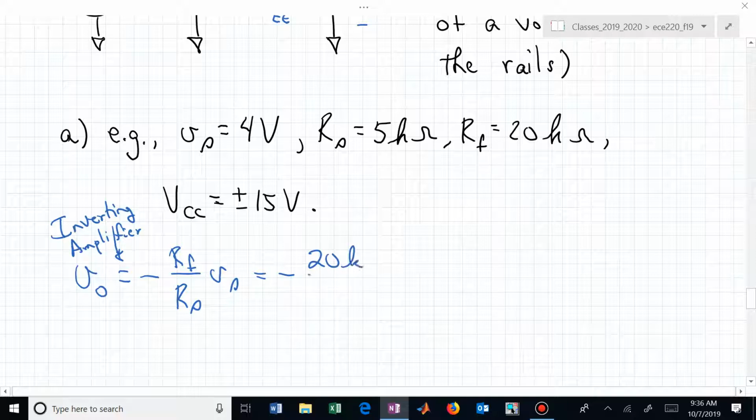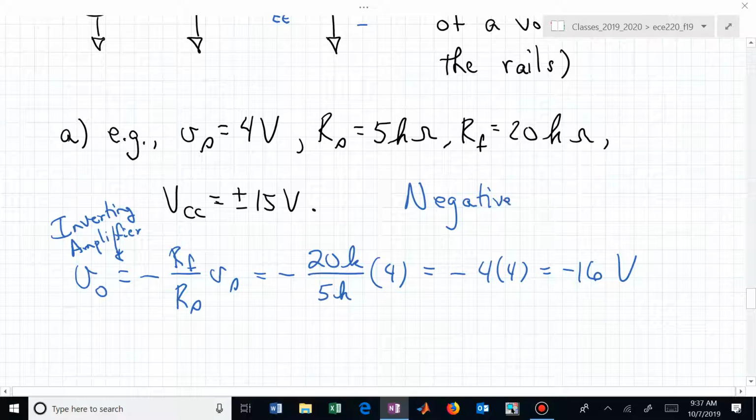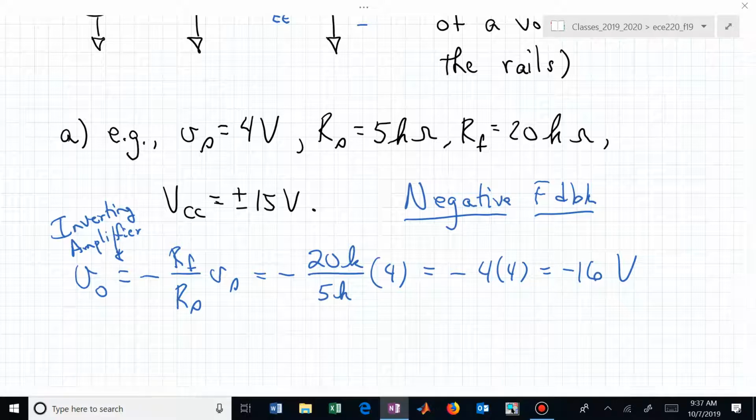We have 20K over 5K times 4, or minus 4 times 4, or minus 16 volts. We were able to do this calculation because we did notice that we did have negative feedback. So then we said, okay, let's use our inverting amplifier formula. Boom. We now come up with an answer of minus 16 volts.